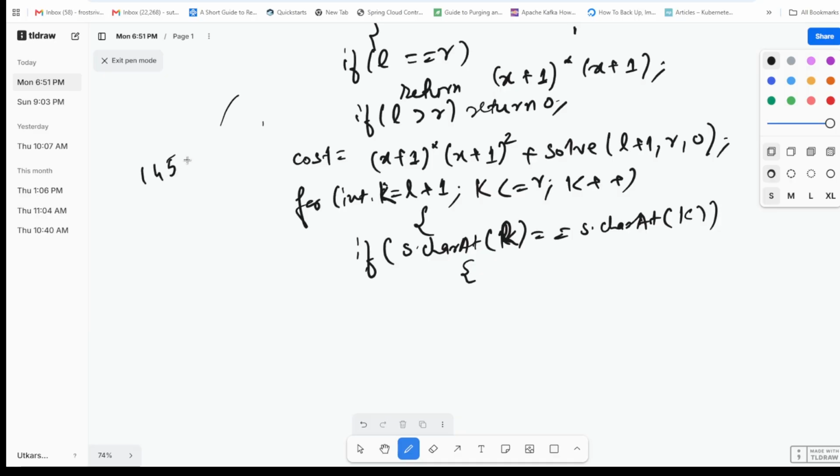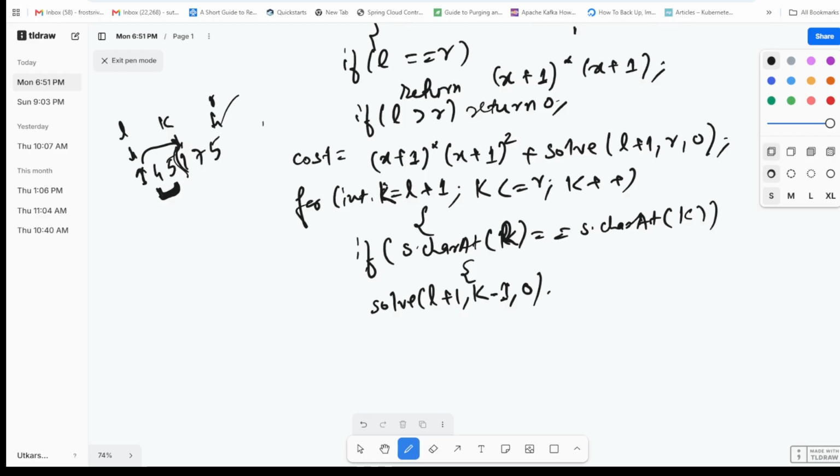Suppose this is 1 4 1 7 5, this is our k, this will be our matching point, this will be L, and this will be R. So we will solve recursively: solve L plus 1, k minus 1 and 0, right? Since here there is no carry, since this one is getting carried with this one. For this recursive function, this one is getting carried, not in this.